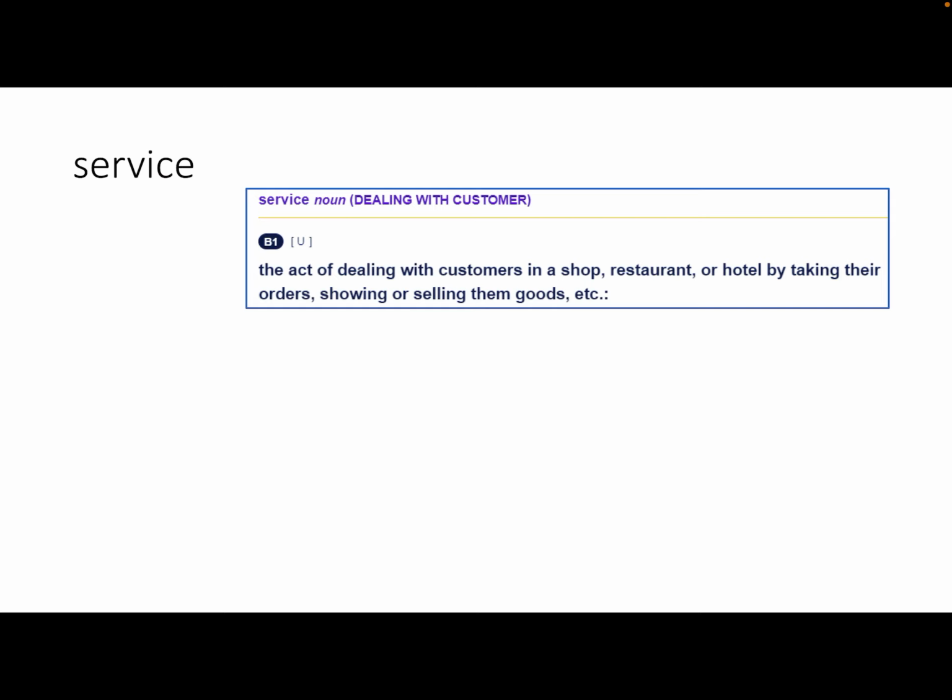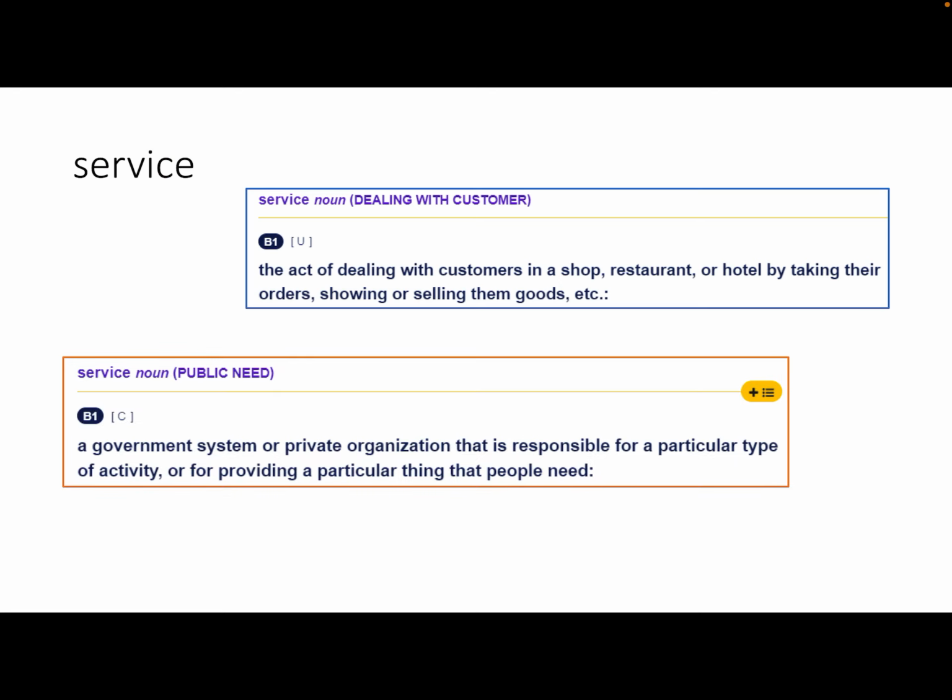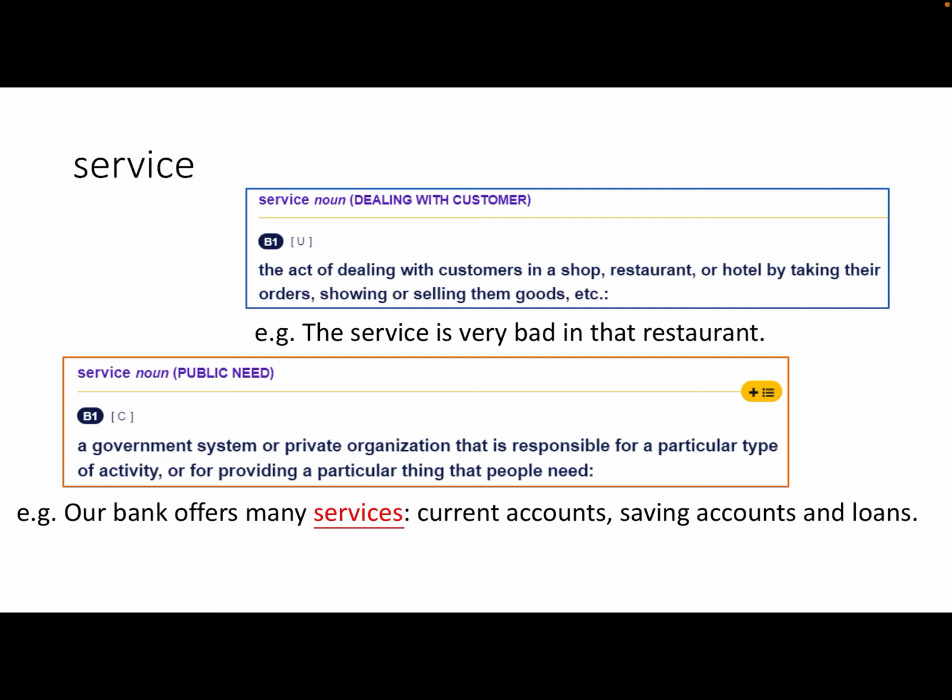Lastly, service. In general, service is an abstract, uncountable noun. However, when we want to emphasize different or specified services, it will become a countable noun. For example, the service is very bad in that restaurant. It talks about the service of that restaurant in general.